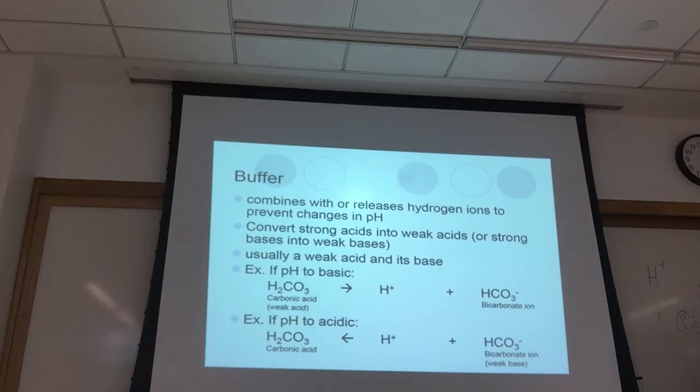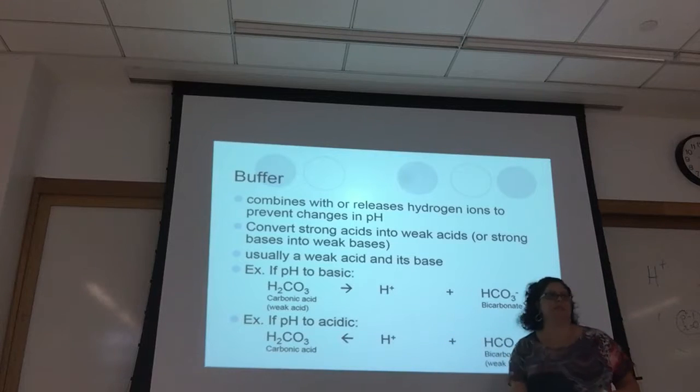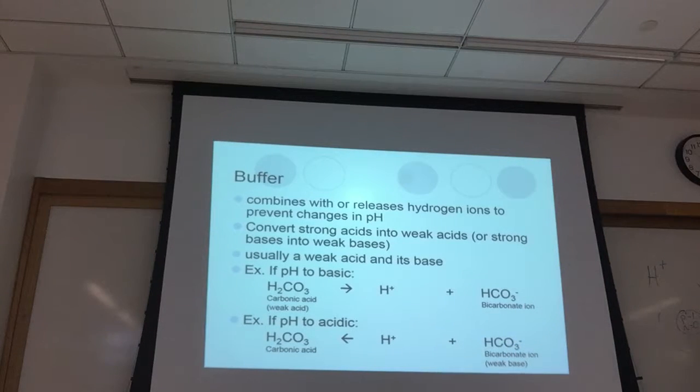That's your tolerable limit. If you go below that or above, things are going to happen. It could be lethal. It could be deadly to you. So we have buffer systems to help protect us if the pH of our blood changes. We'll talk more about the buffer systems in a later chapter as well.